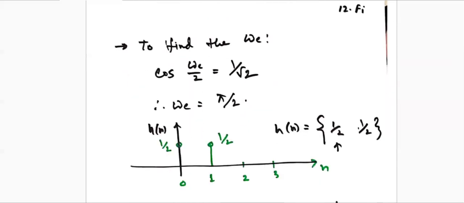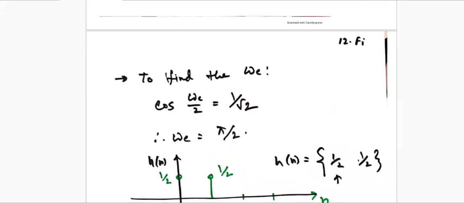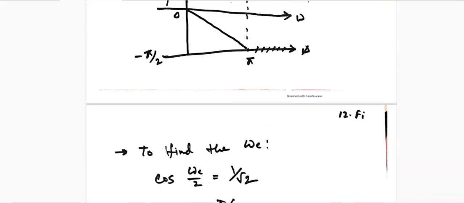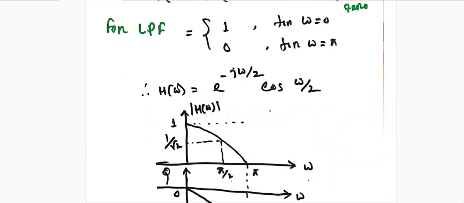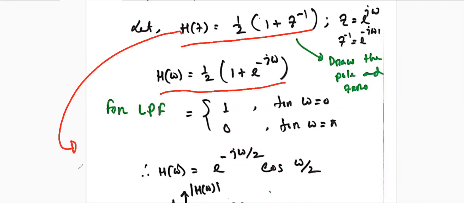And the second thing, I always mention that you need to find the h[n], that is your filter. So how could you find the value of h[n]? If you can recall, you have this term. So what we can write is half plus half z to the power minus 1.